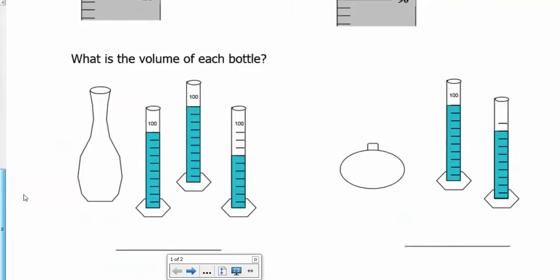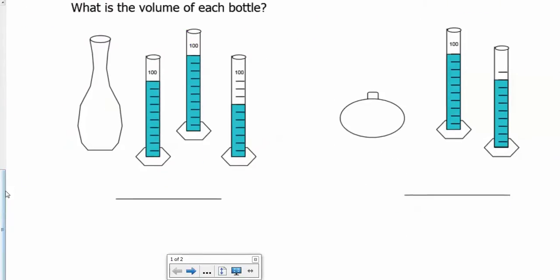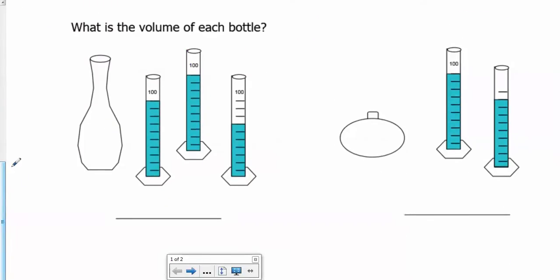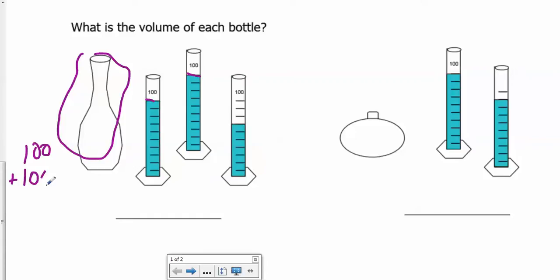Let's look at the bottom one. So we want to find out the volume of this vase that we have right here. So we need to add these 3. So we see that this one and this one are both 100. So 100 plus 100. And then we're going to see how many of these lines do we have? 1, 2, 3, 4, 5, 6, 7, 8, 9, 10.